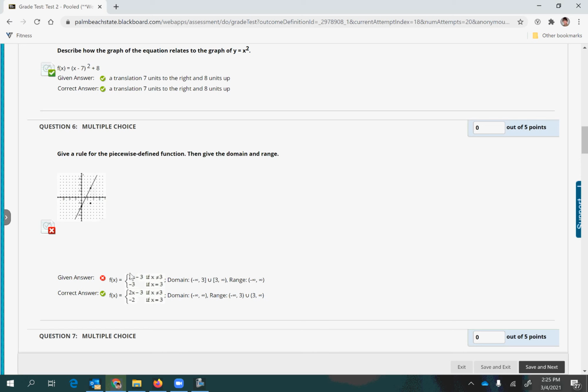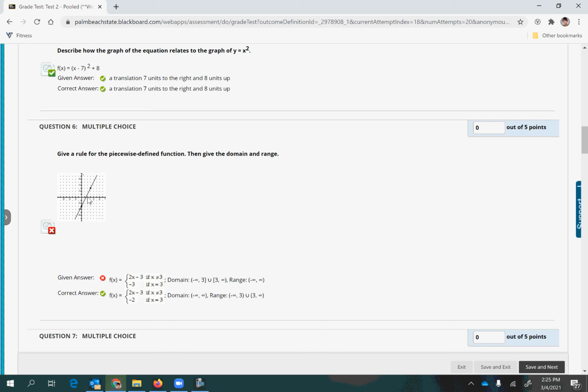So you do have the correct slope there, 2x minus 3. And then the one little dot that's out of place there, because there's a hole in the graph here. So that line piece was only for values of x which are not equal to 3. And you can see that that point is lined up with the x value 3.